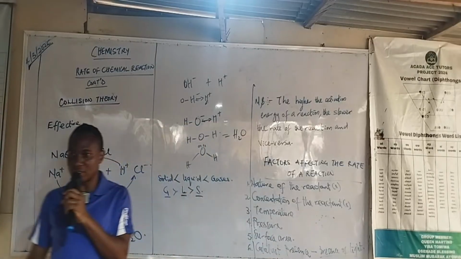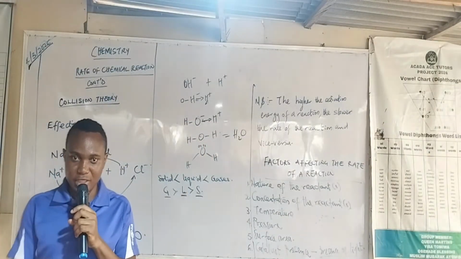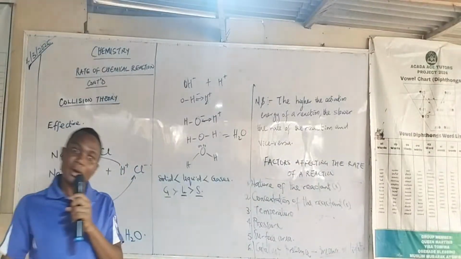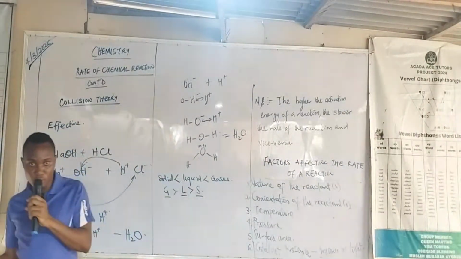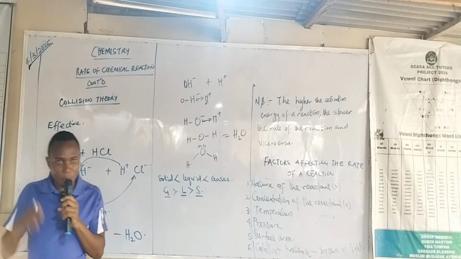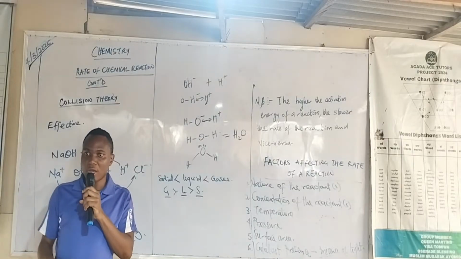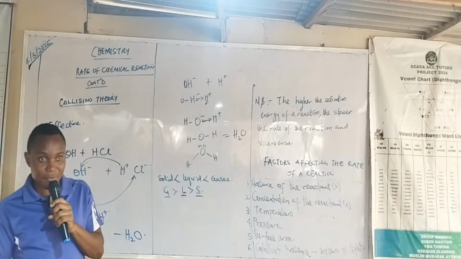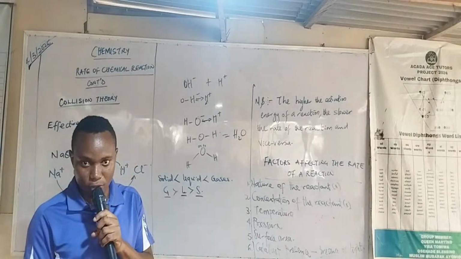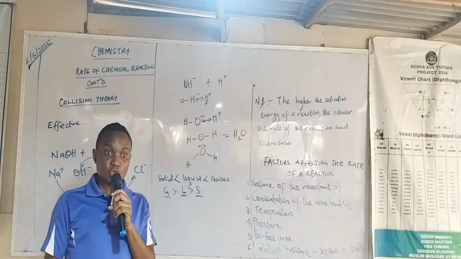Concentration of reactants. The more the number of particles or molecules that we have, the tendency for more collision to occur, and in that wise we have more likelihood of what? High rate of what? Reaction. So what are we saying?